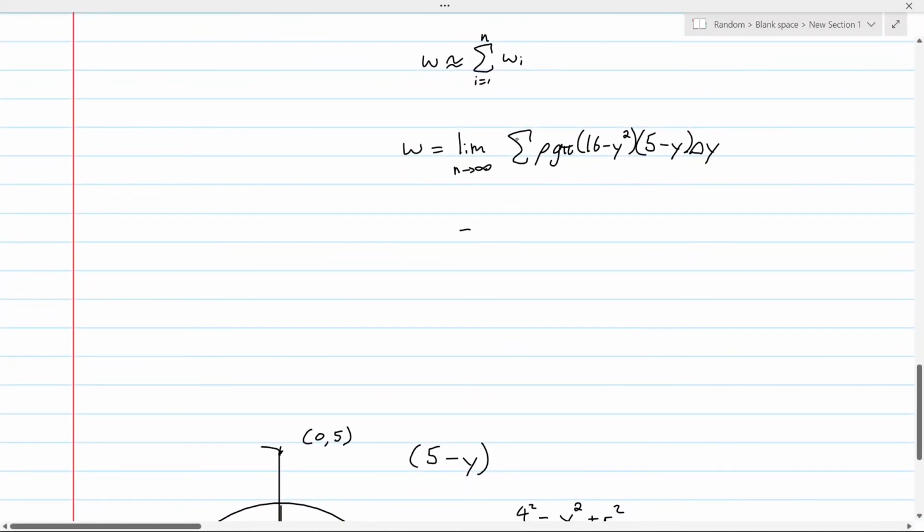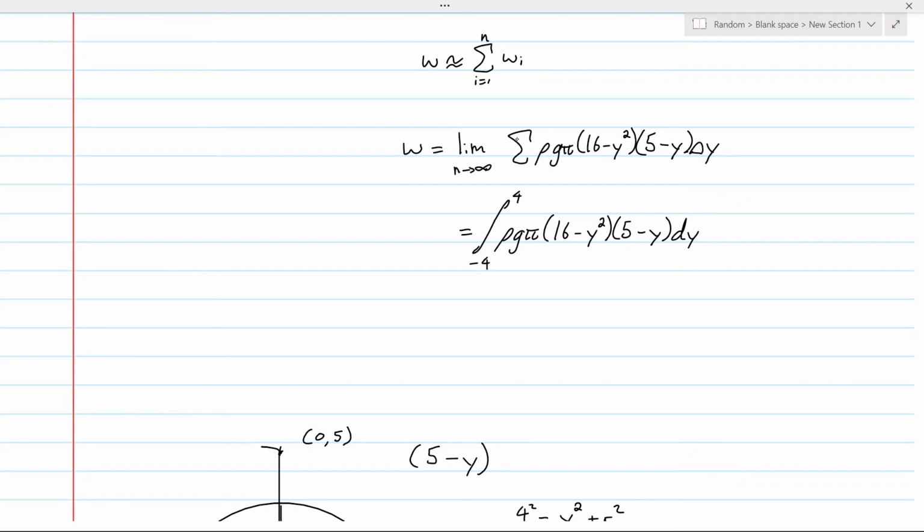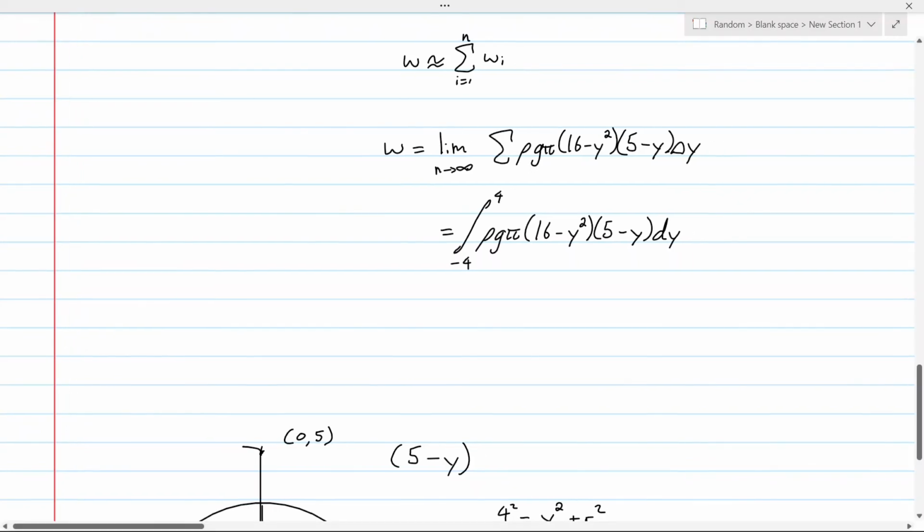we get a definite integral, and we use the bounds minus 4 to 4 because of the tank.